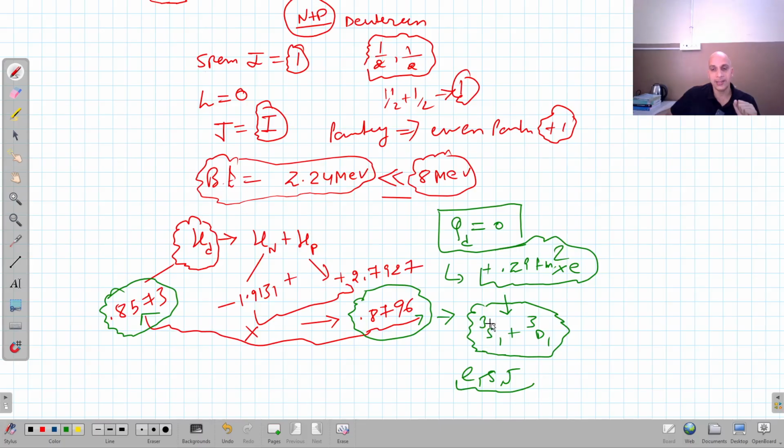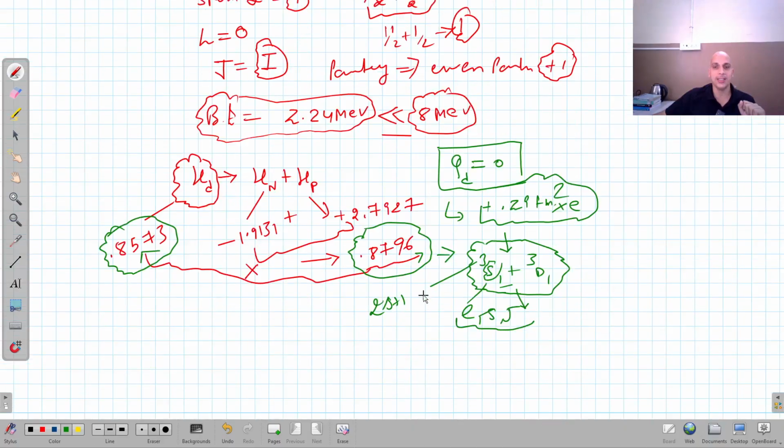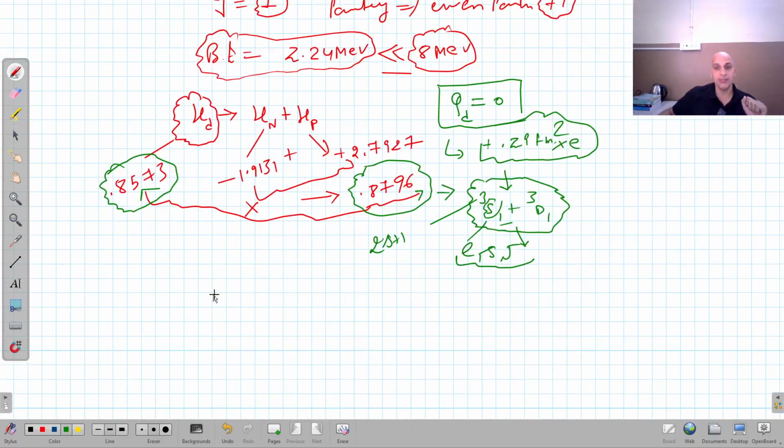Here this S corresponds to the value of L, this 3 corresponds to 2s plus 1, and this 1 corresponds to the value of J. So it is found that the deuteron exists as a mixture of these 3S1 and 3D1.